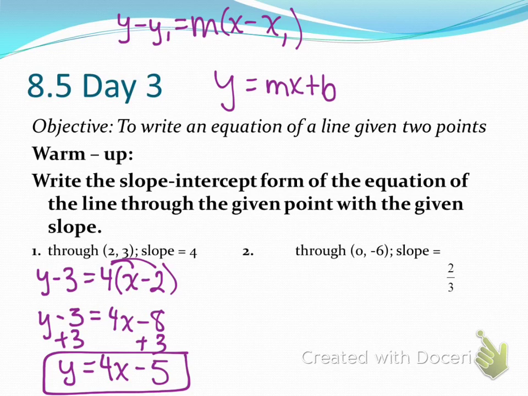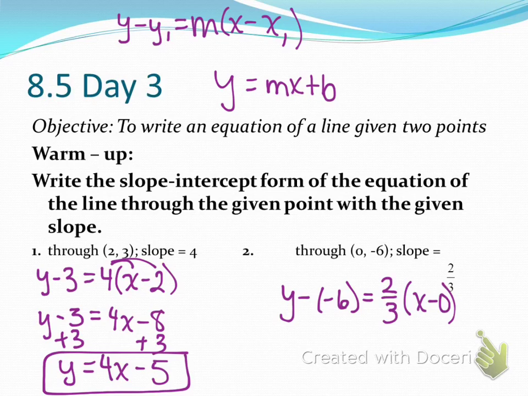Natalie. Y minus 6 equals 2/3, open parentheses, x minus 0.